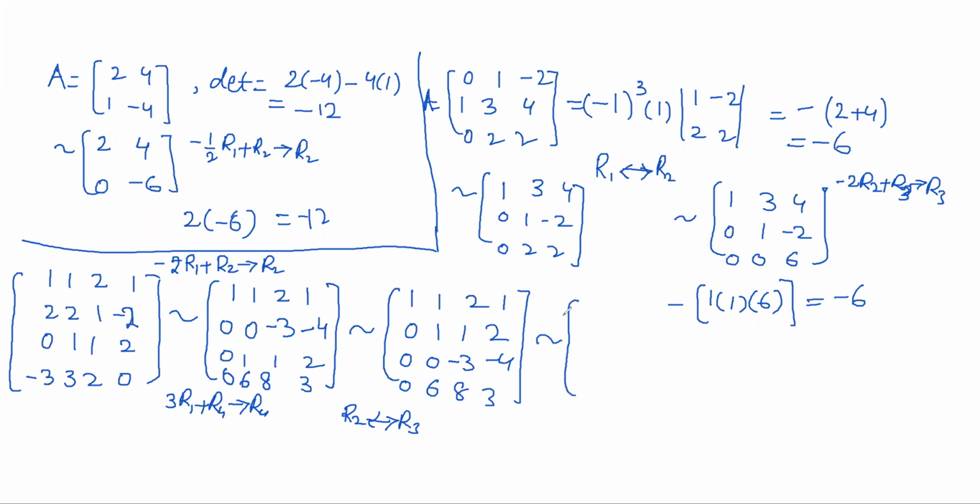Now for making it into the echelon form, what we can do is 1, 1, 2, 1, and then 0, 1, 1, 2. So this is already 0. So 0, 0, minus 3, minus 4. And we can make this 6 as 0, because we need to multiply the second row by minus 6.